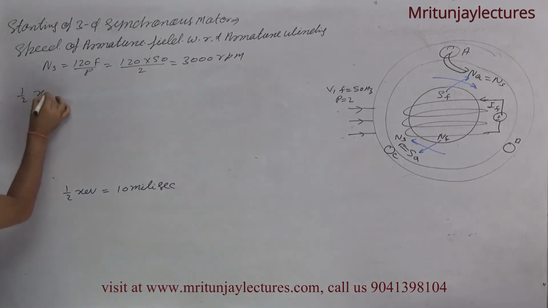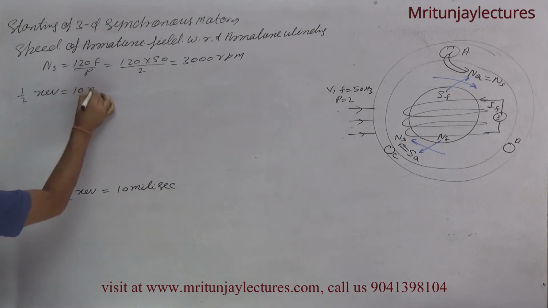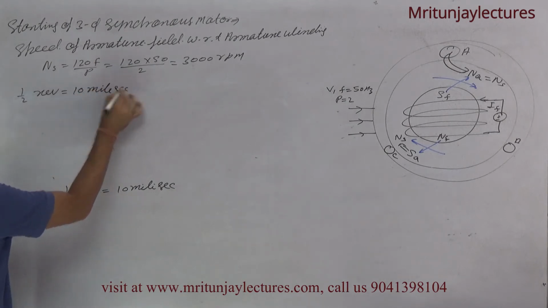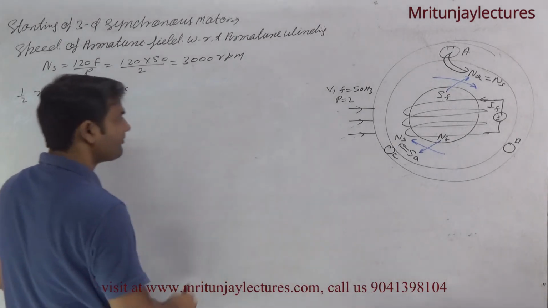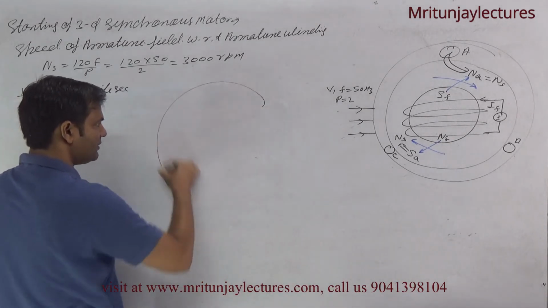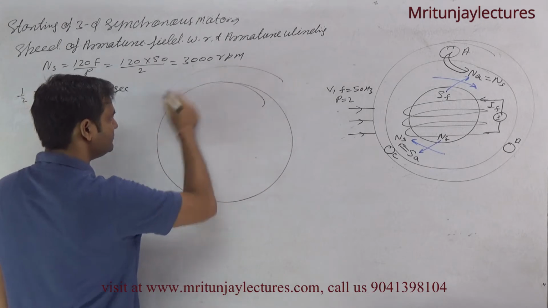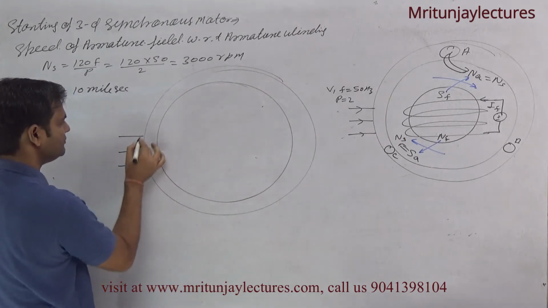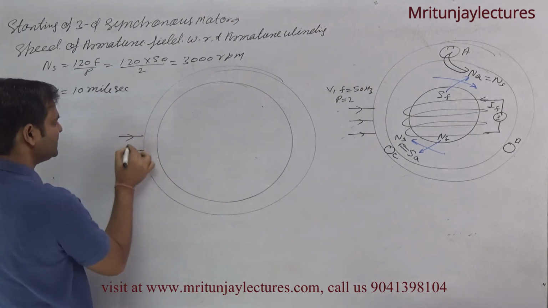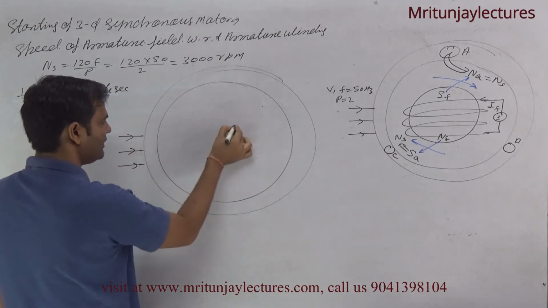Written as half revolution is equal to 10 millisecond. Now make this one is stator, supply corresponding to this one, and this one is a rotor.